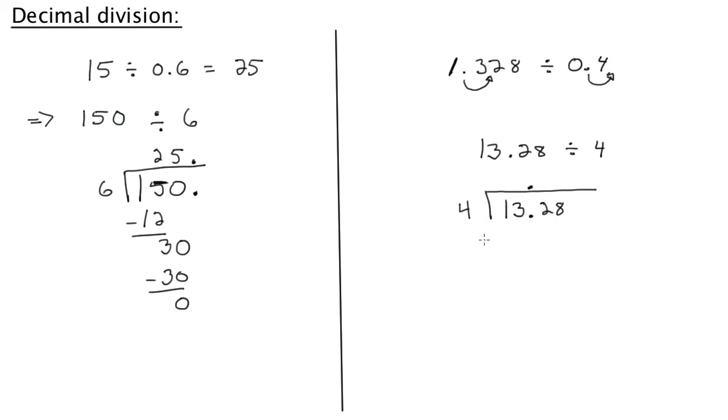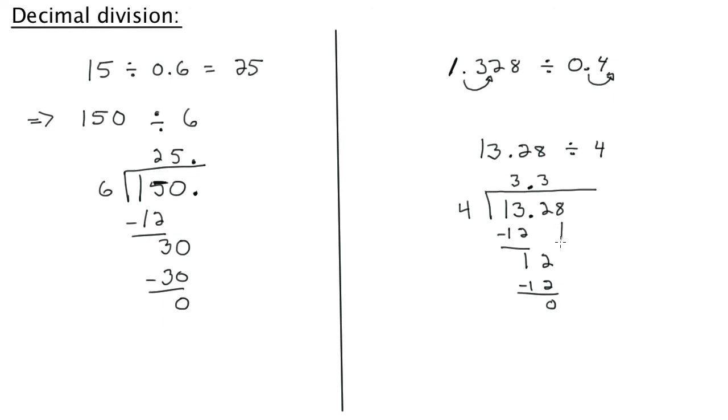4 goes into 1. No, it does not. 4 goes into 13 3 times, giving me 12. Subtract, I get 1. Bring that 2 down. Since I've already placed my decimal there, I don't need to worry about anything. 4 goes into 12 3 times. That's 12. 0. Don't stop here. Some people stop when they hit that 0.